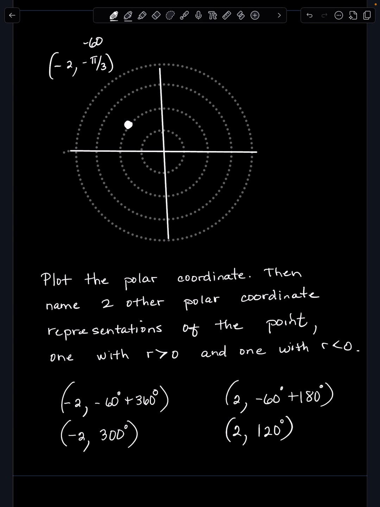And if you look at that, if I went 90 plus 30 more degrees and I plotted that, that confirms that that is indeed a different coordinate that represents the same point. So I had a coordinate that was the same, that's negative, and I had a coordinate that's the opposite, that was positive in this case, and that's what they were asking for.